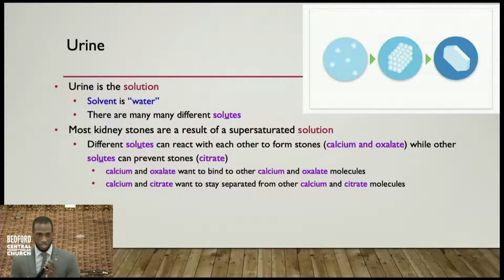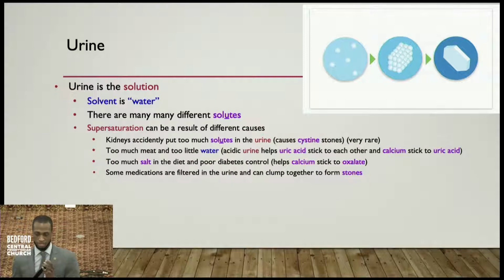So there's a couple of different things that can cause your urine to be supersaturated. The details aren't super important, and we'll talk more about this later, but things that you can do to help your urine not become supersaturated are things like decreasing your meat intake, increasing the amount of water you drink, making sure if you have diabetes, that your diabetes is well controlled.